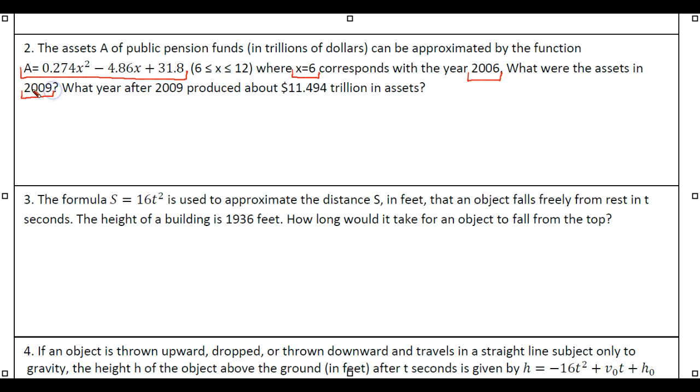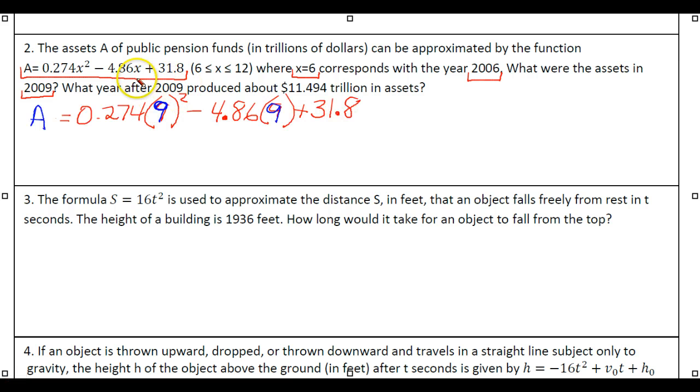2009? What would that be? So for 2009, where we have our X value, we're going to substitute a 9 there. We're going to square that 9, get 81, multiply it by this, then 9 times this, which is negative, and then add this to it.